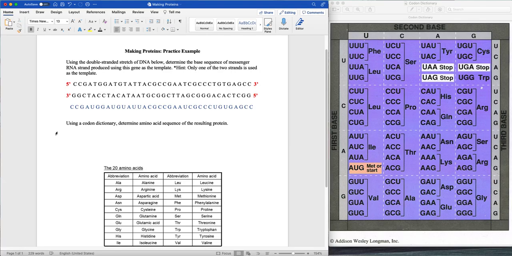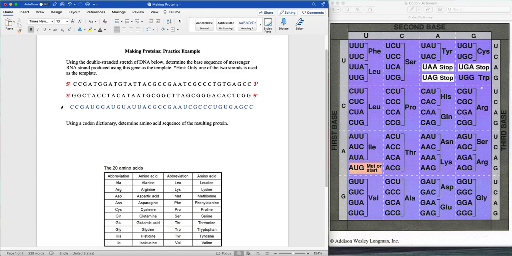So the next thing we need to do is scan the messenger RNA sequence to find AUG. In this example, AUG is here. Once you know where the sentence begins, you can determine where each of the remaining words are that comprise the genetic sentence to begin the translation process.